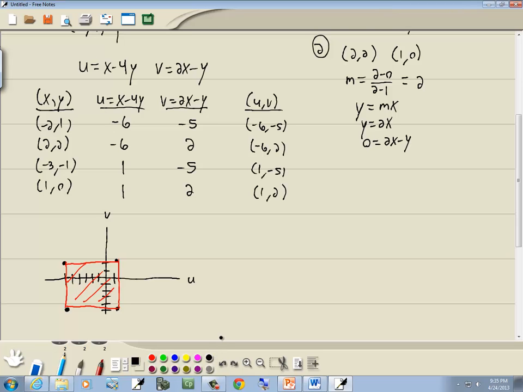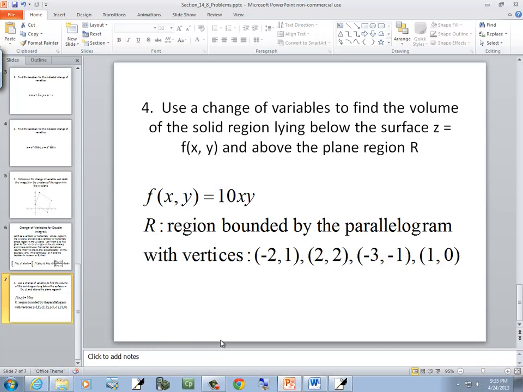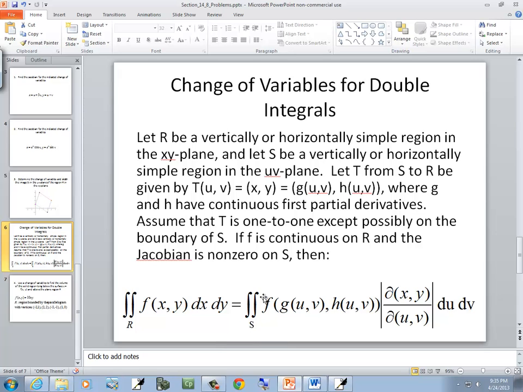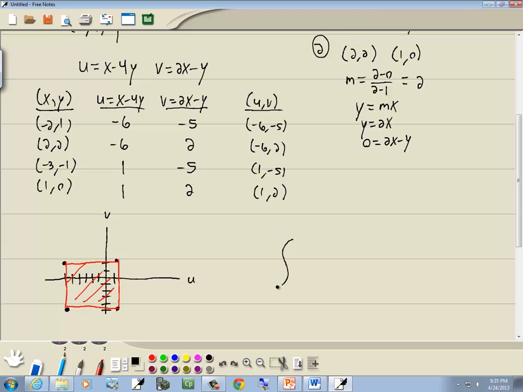Now, before we go on, let's note that this is going to be du dv. So in the setup, we're going to have some other junk here, but we'll come back to that. We got du dv there, so u is going from -6 to u is equal to 2.